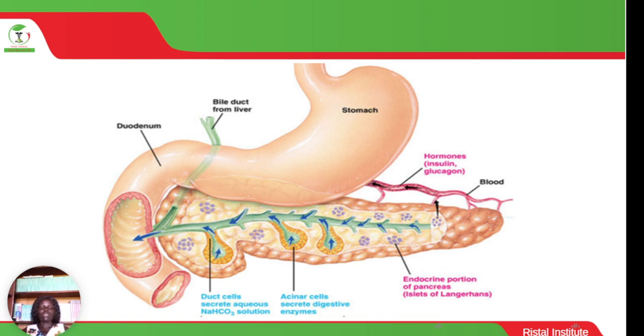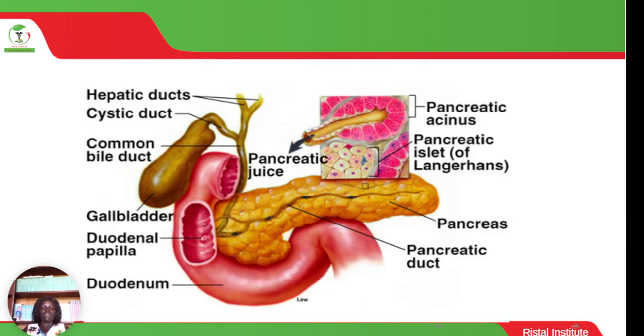Then you can see that this part, this is what we were talking about, the head, it looks a little bit bigger compared to the other parts of the pancreas. So that still shows the same, and it is showing us the other organs that are around that specific organ.